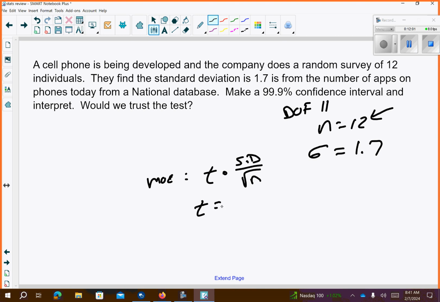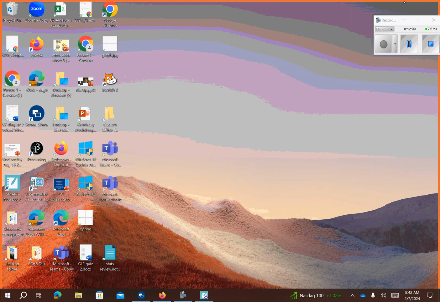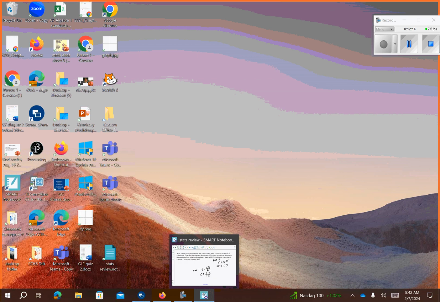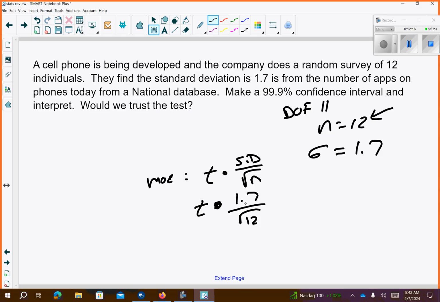So we have to find t. Standard deviation, we said, is 1.7 over the square root of 12. If we plug this in, I got 3.1. Well, 3.105. 3.1 sounds good. So 3.1 times 1.7 over root 12.